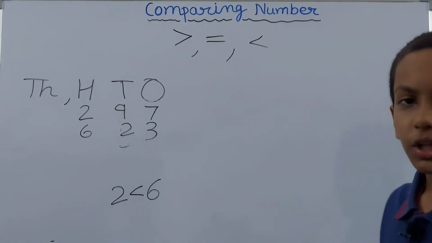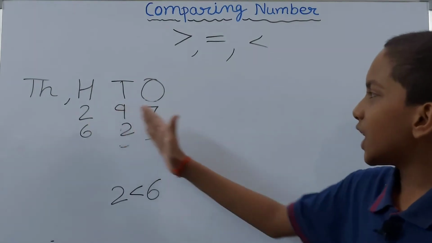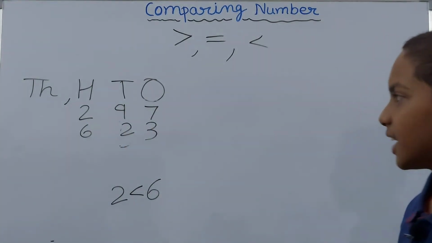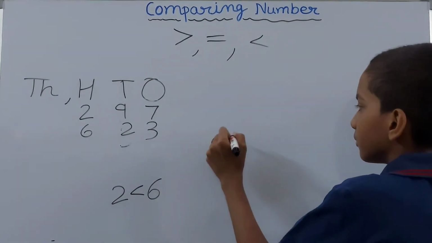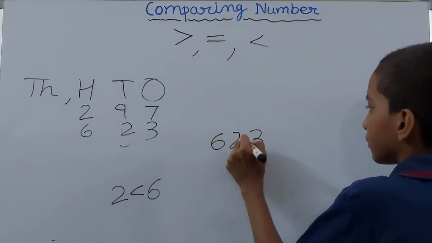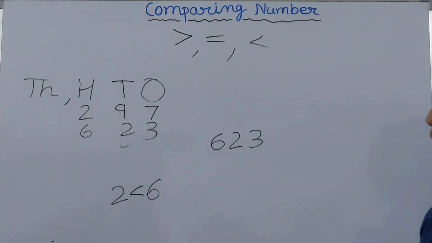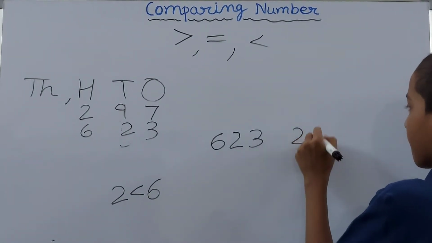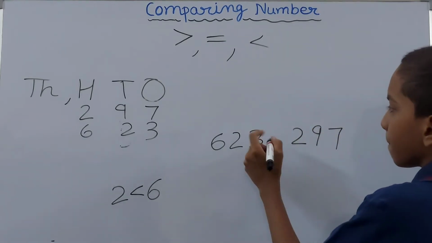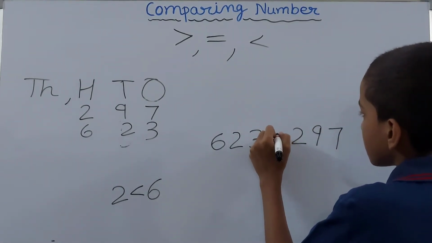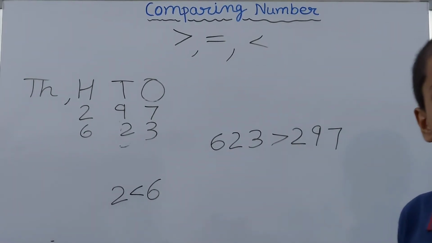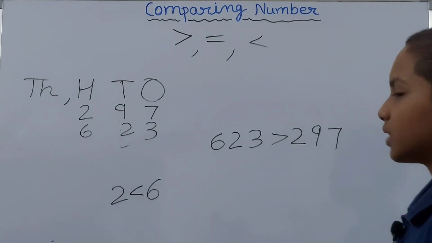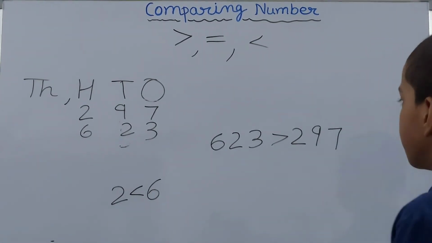So 297 will be smaller than 623. Alright. So you can see that 623 is bigger than 297. So now let's see some more examples.